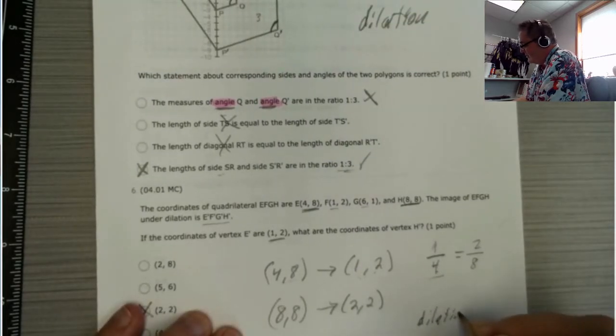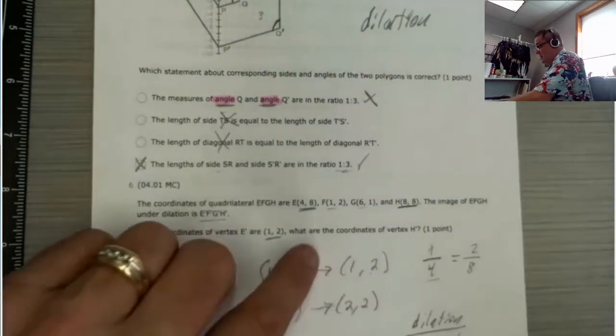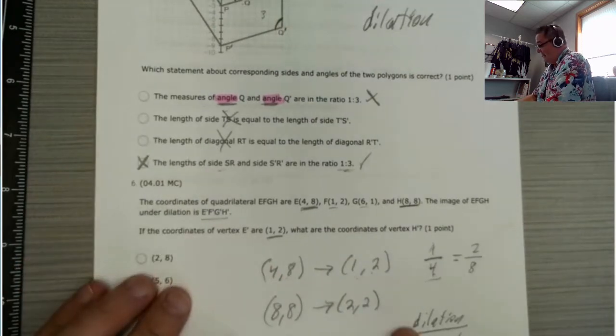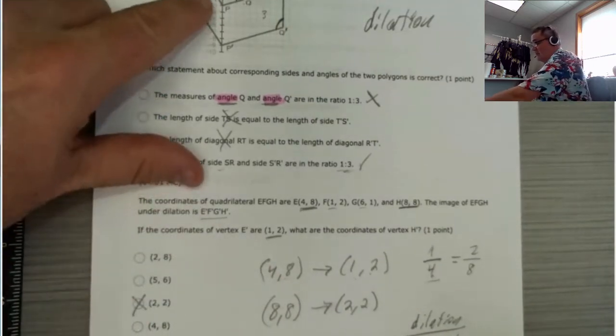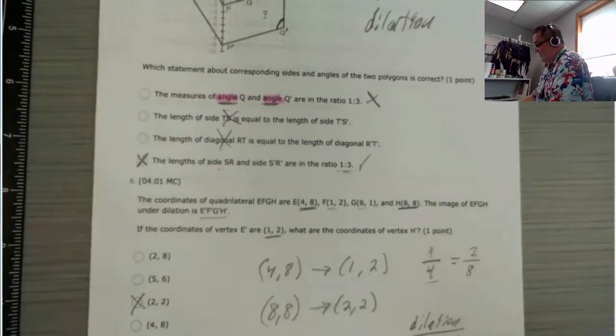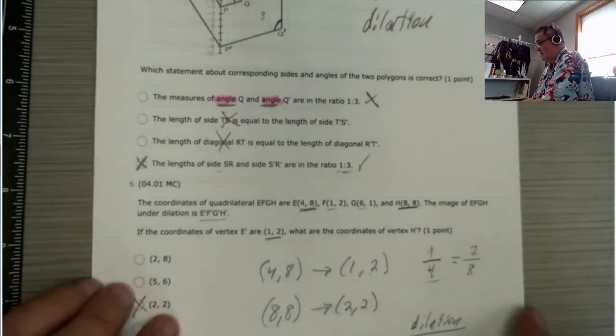Dilation over original. And that's true with the X or the Y. We could do the same thing with the Y. Or if we have the length of a side, we put the length of the dilation on top over the length of the original. That'll also give us a scale factor. Lots of shortcuts there.